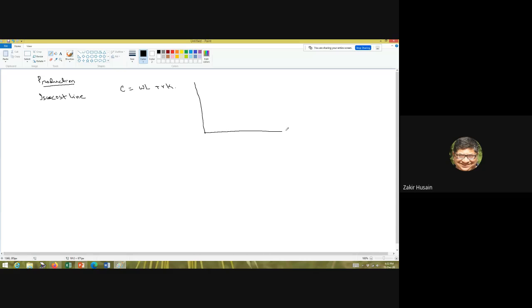So again, this will be a straight line, and all the combinations of L and K which lie on this ISO cost represent the level set. So all combinations of L and K such that C bar equals WL plus RK, where bar means it's constant, is a level set.